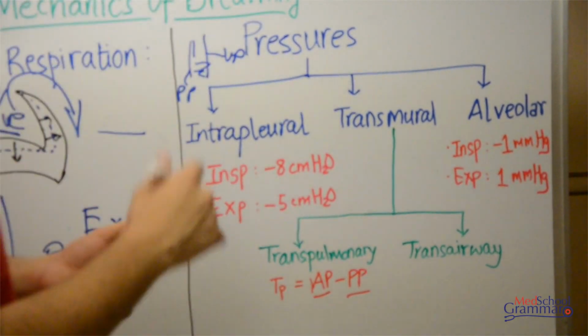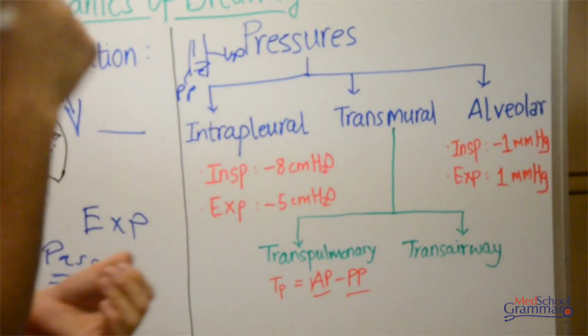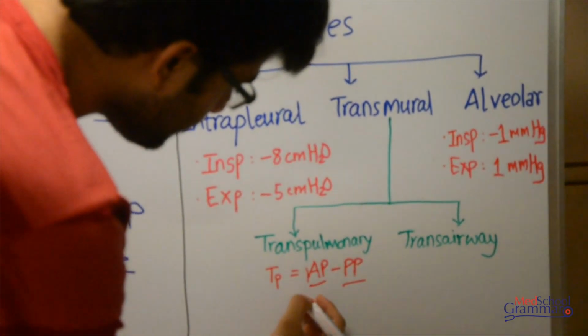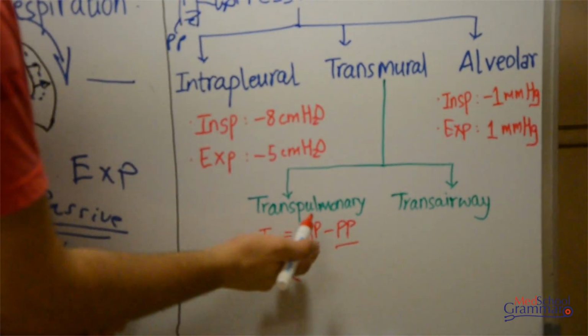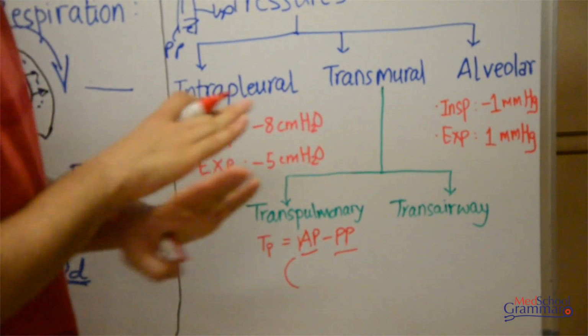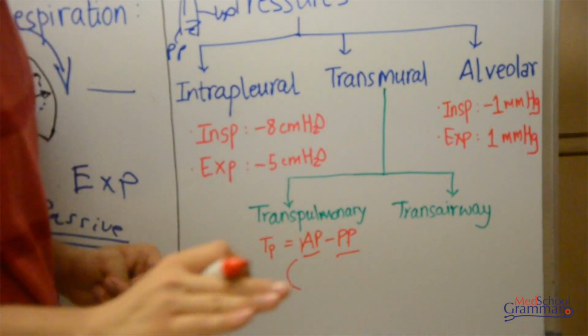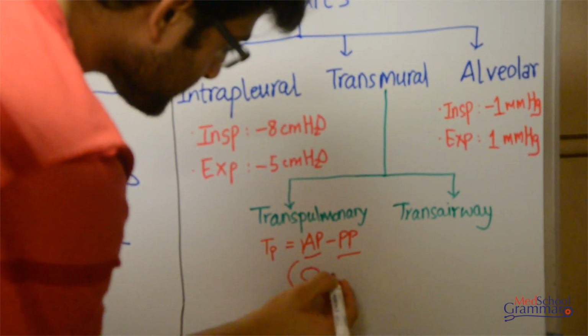And transpulmonary pressure by default is always positive. Why? I'll tell you. When there is no exchange of gas taking place, the alveolar pressure is 0.